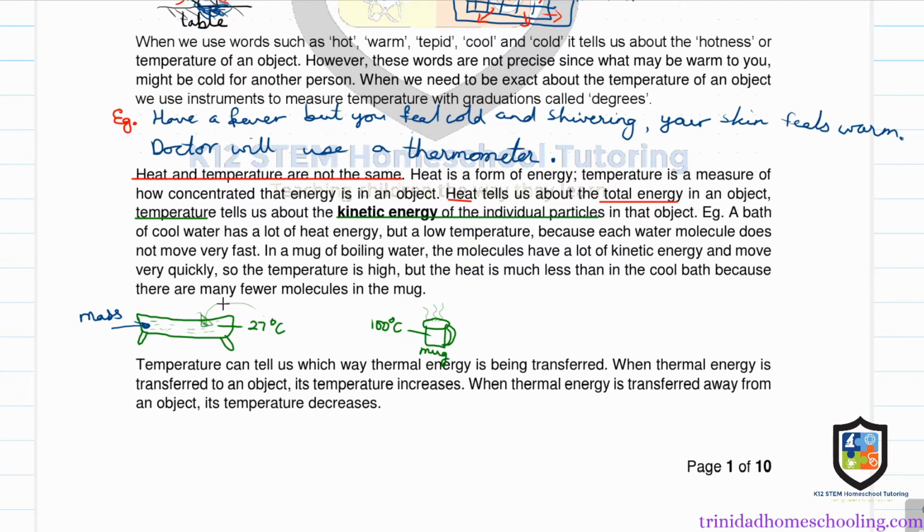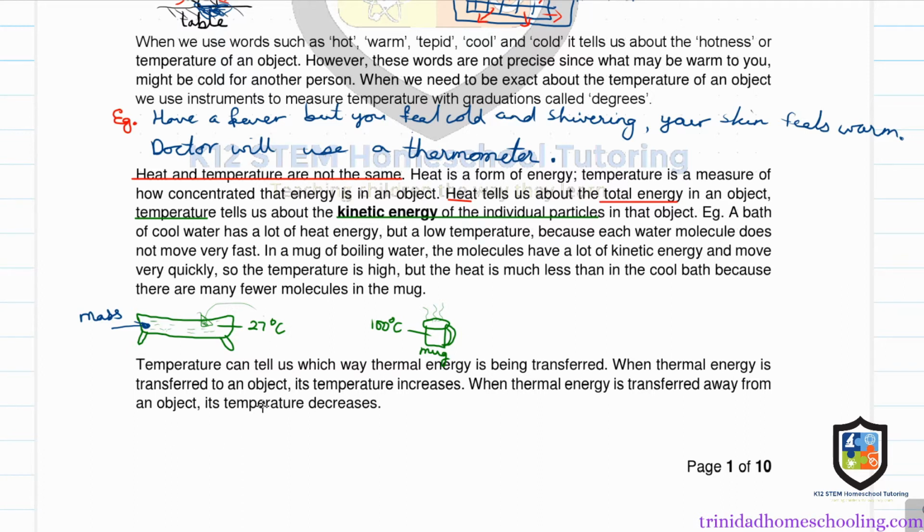Temperature can tell us which way the thermal energy is being transferred. When thermal energy is transferred to an object, its temperature increases. When thermal energy is transferred away from an object, its temperature decreases.